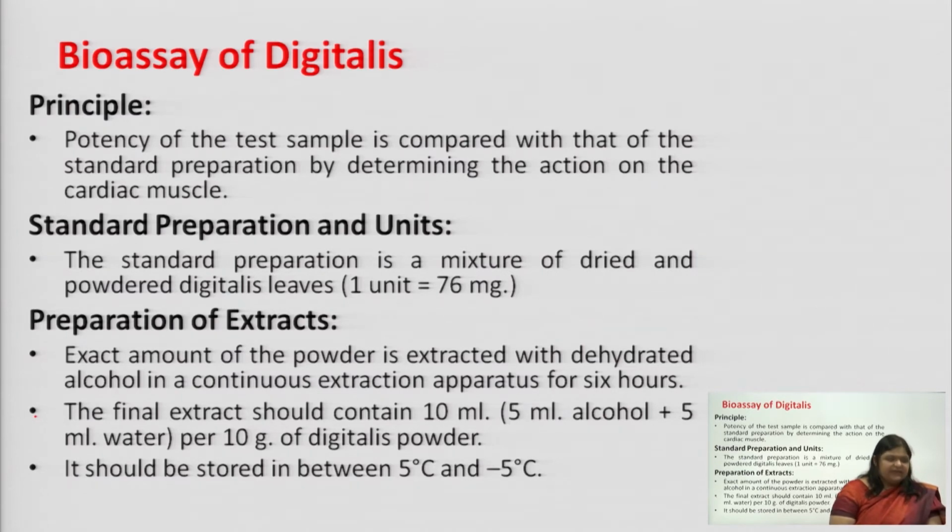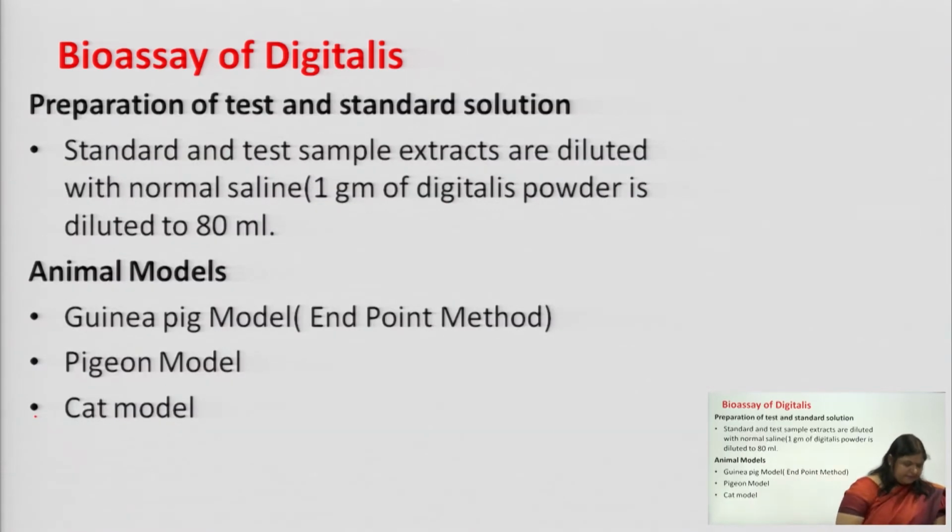And how are these extracts prepared? An exact amount of the powder is extracted with dehydrated alcohol in a continuous extraction apparatus for 6 hours. The final extract should contain 10 ml, that is 5 ml alcohol plus 5 ml water per 10 gram of digitalis powder, and is stored at a temperature between 5 degrees centigrade and minus 5 degrees centigrade.